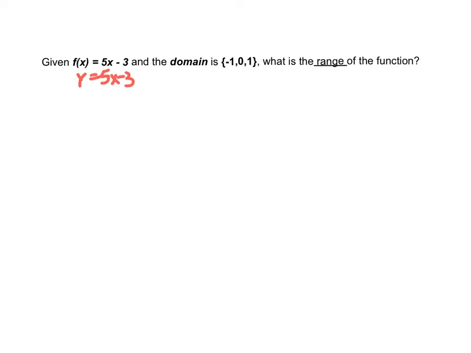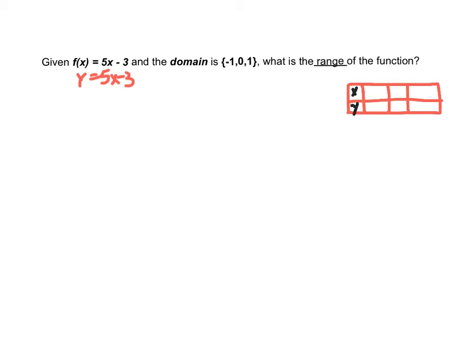Well, in this problem, we know what the domain is. It is discrete domain. We're given three very specific x values, -1, 0, and 1. So what we're going to do is find the range. So think of in terms of a table. If we have a table of x and y values, we have the x and the y.